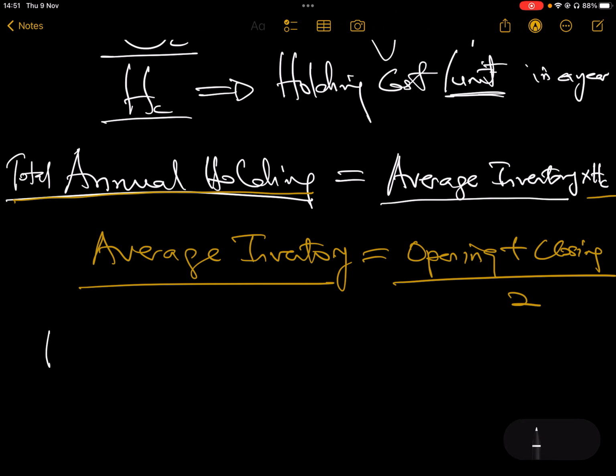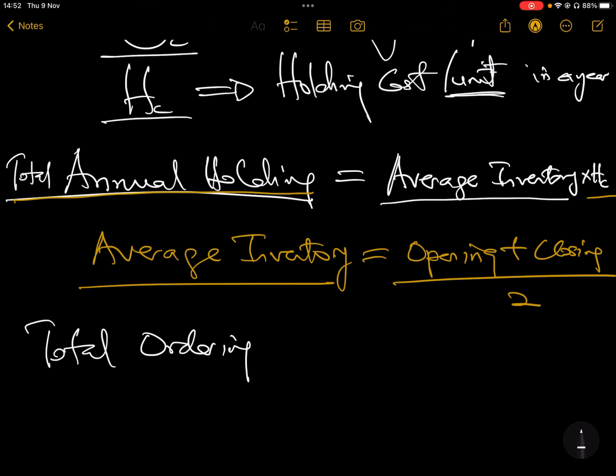Likewise, it's good to know how to calculate the total ordering cost, though this one is pretty straightforward. Total ordering cost in a year, as you imagine, is just your cost per order multiplied by the number of orders in a year.